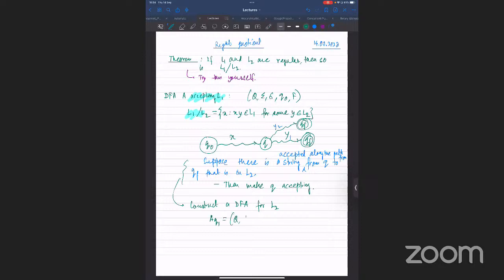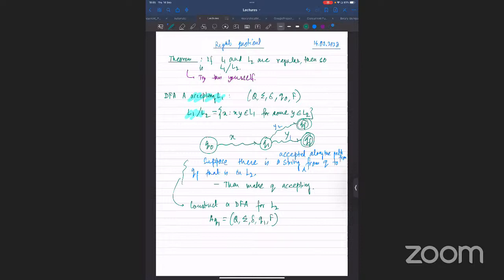It's the same as Q, sigma, delta, F, but your initial state is Q1. What will this DFA accept? It is going to accept all those suffixes which you can accept starting from Q. So you have only changed your initial state from Q0 to Q1.